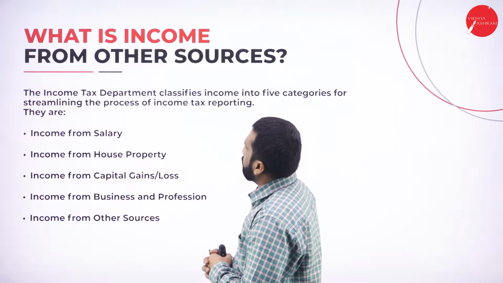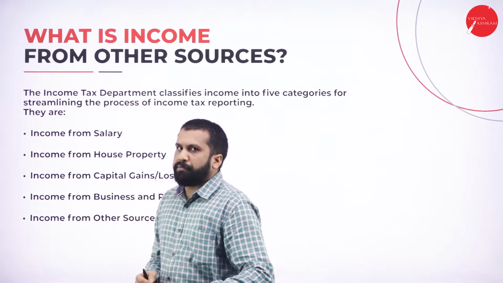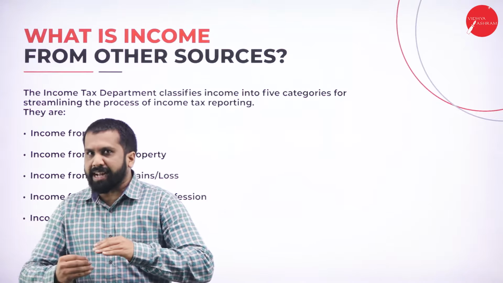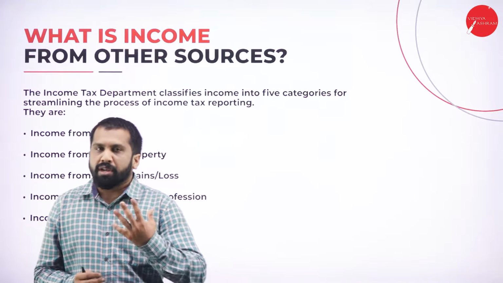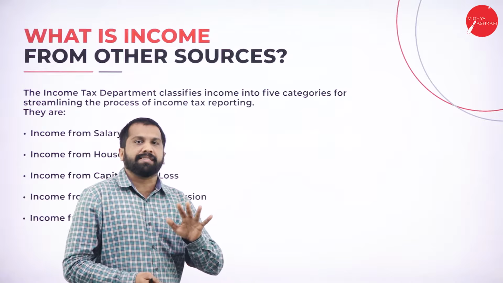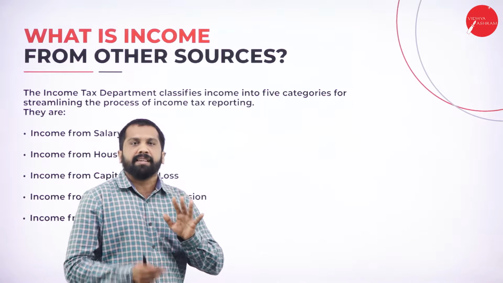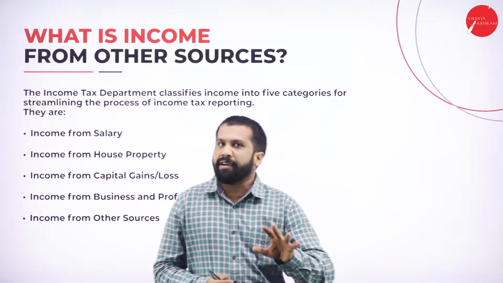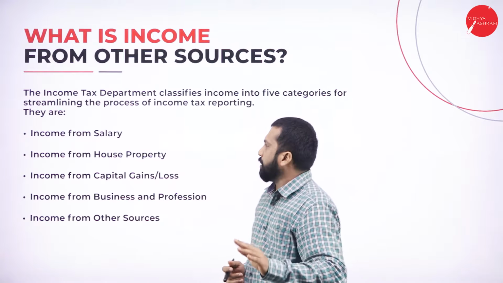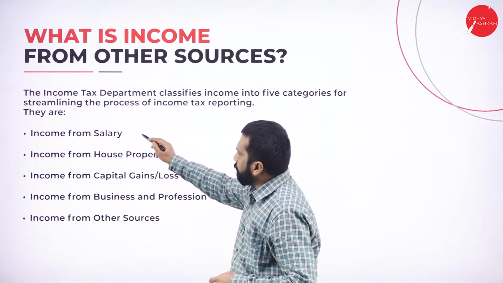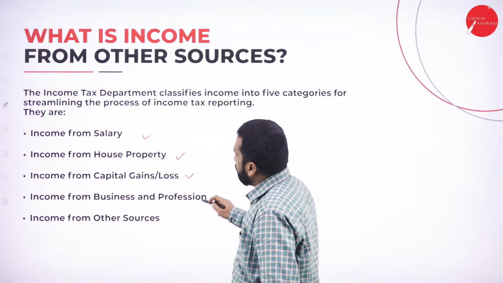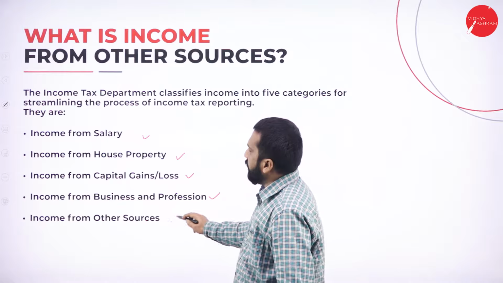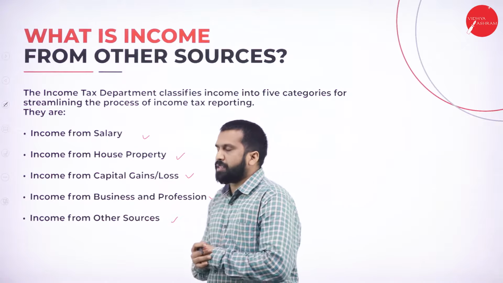So what is income from other source? Before we go to the topic in depth, we'll understand why we are doing income from other source. You know that there are 5 heads under income tax. In the direct tax, we have 5 heads, like income from salary, house property, capital gain, business or profession, and income from other source.